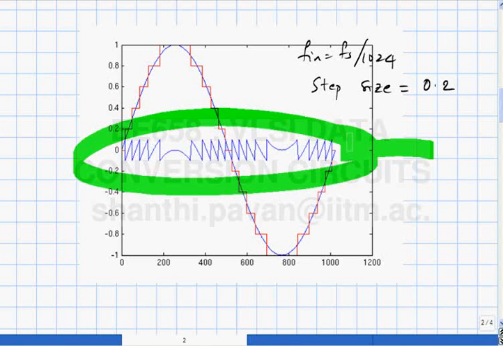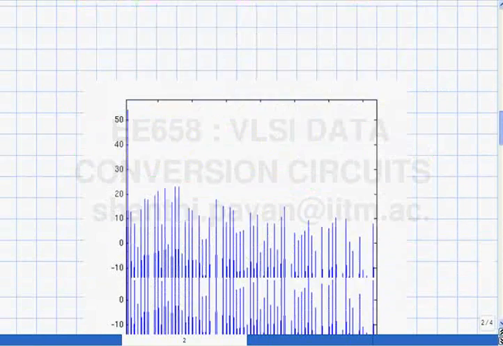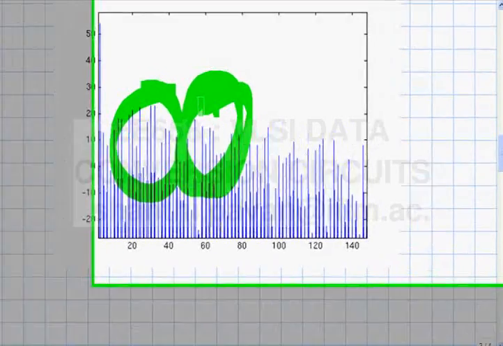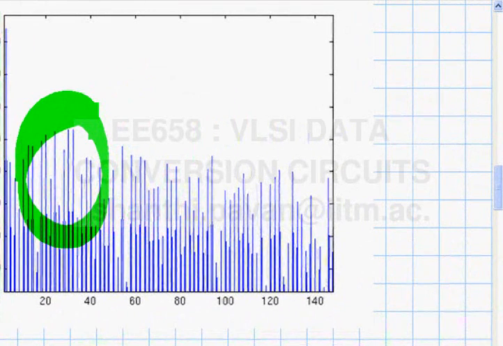So this also has discontinuities, and in principle also has infinite bandwidth, but you can see that this is dilated in time, so it must be compressed in frequency. You can expect the peaks of the harmonics to lie at around half of what you saw with the earlier case. Yesterday, with the earlier step size of 0.1, the peak was occurring around here. With this step size, you can see that the peaks have moved.